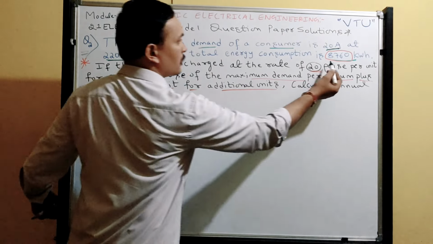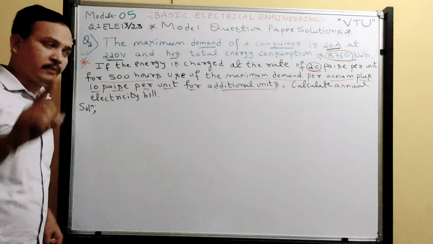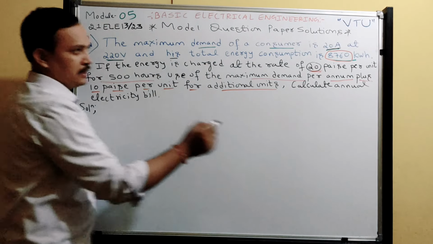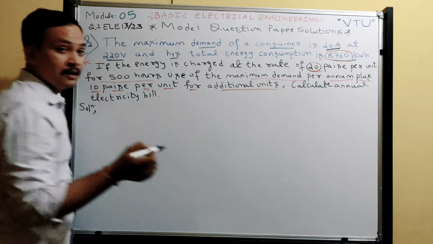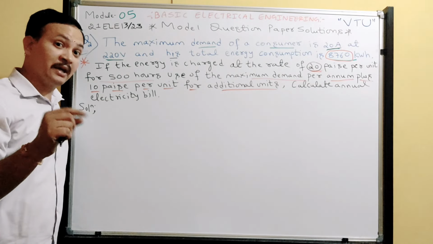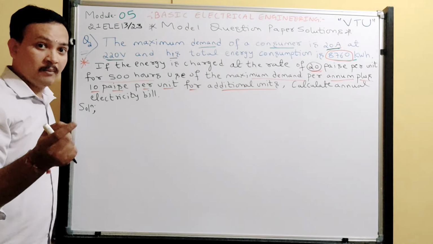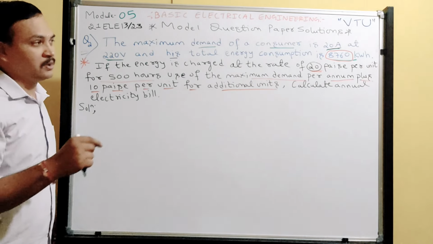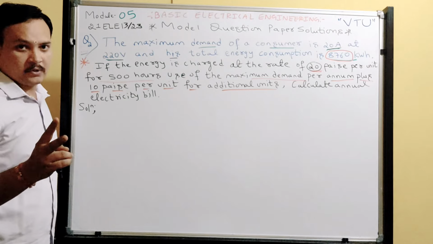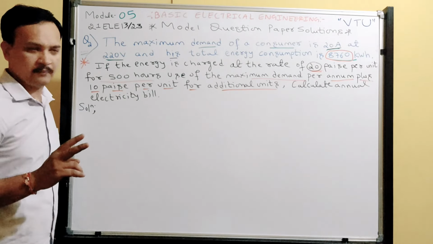In the entire 1 year, the energy consumption by the consumer is 8760 kilowatt hour. See, the number of hours in a year is also 8760, but they gave the same data here also, 8760 kilowatt hour. So don't get confused, that is different, this is different.